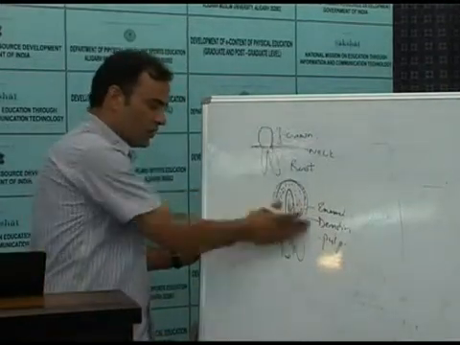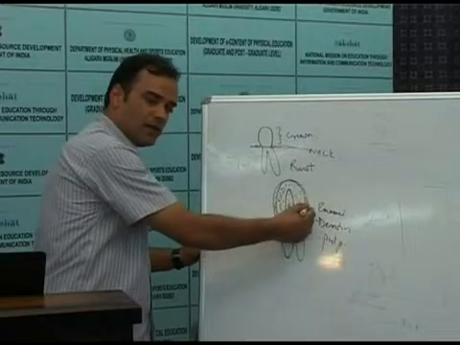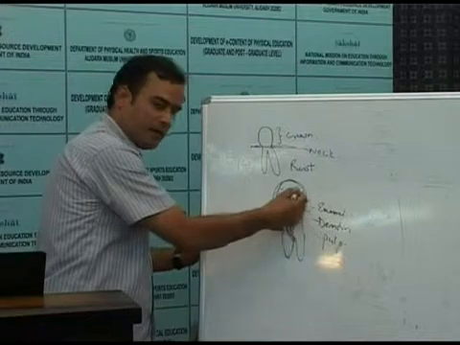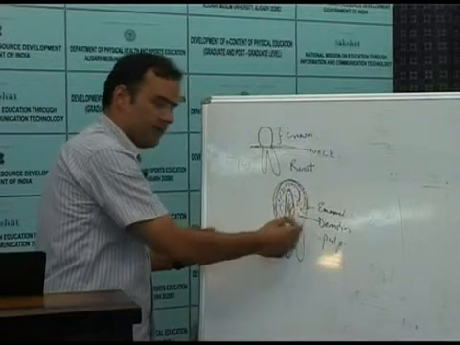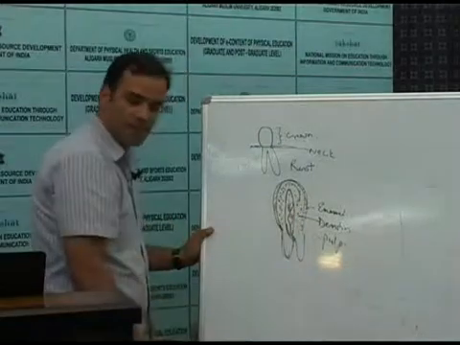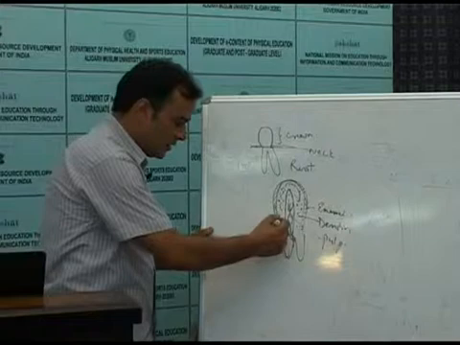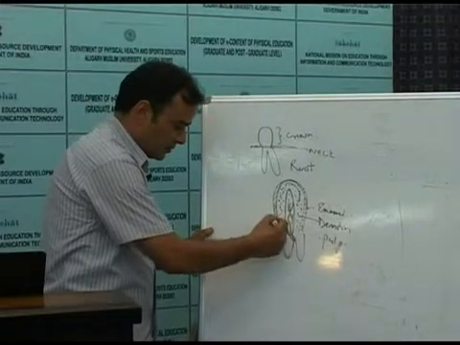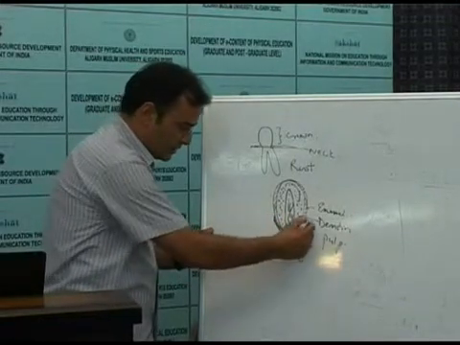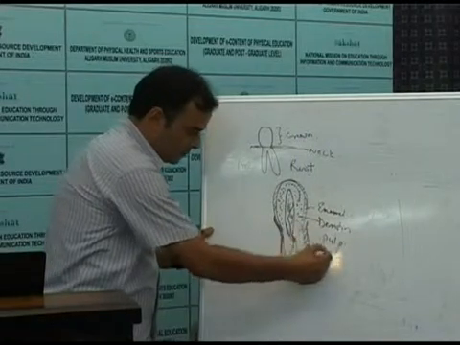So when we cut a tooth in the sagittal plane, we will see an outer layer, enamel, then the dentin and the pulp cavity, which contains nerve fibers and blood vessels. Also, there is a layer here which is called cementum.